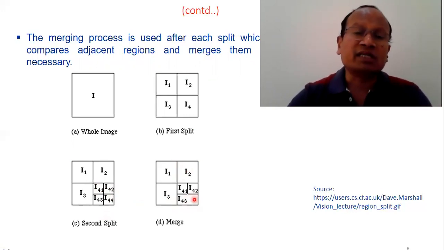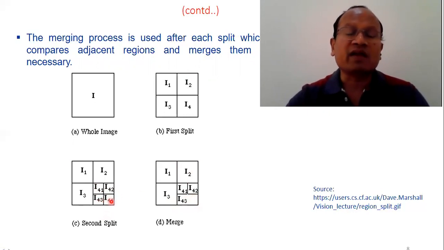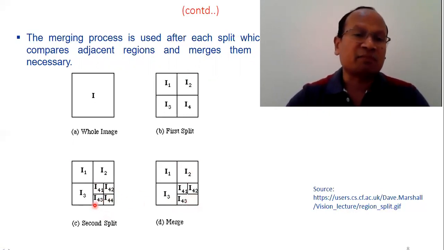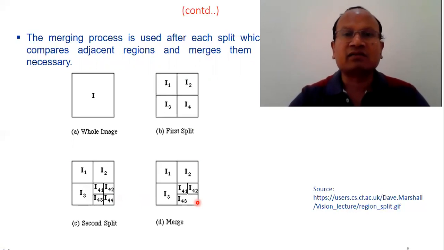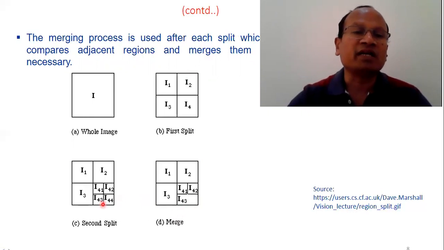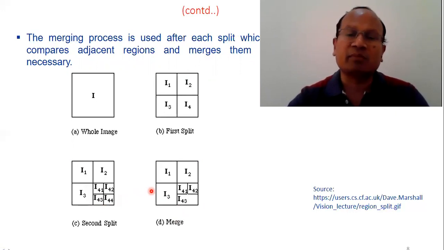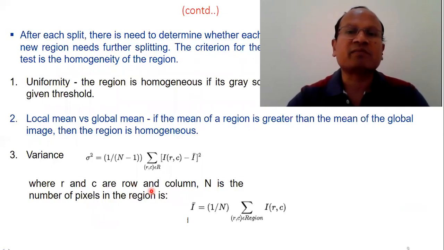But the important thing here is that I43 and I44 have been merged, and in place of I43 and I44, I43 is written. We can write either I43 or I44 because both are similar. So I43 will be written for the entire merged region, combining I43 and I44. So merging evaluates whether there is similarity, whether there is uniformity in the neighborhood region, and accordingly the merging takes place.